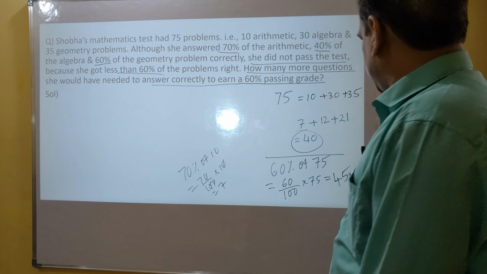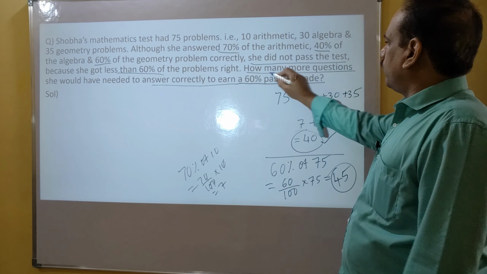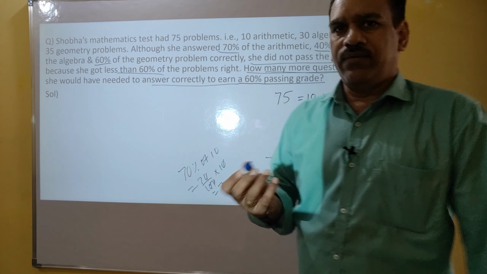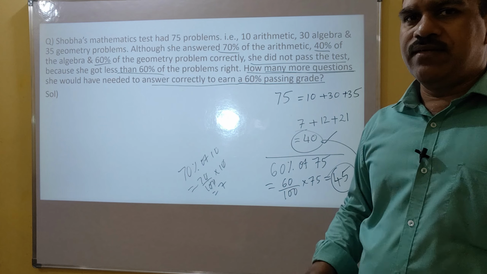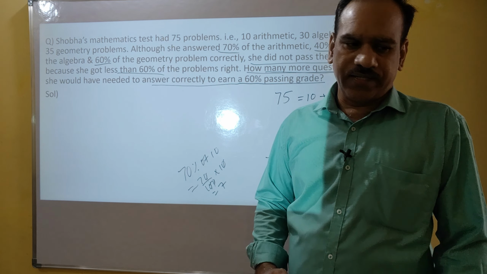So she should have answered 45 questions correctly, but she answered only 40. How many more questions she should have answered? That must be 5, 45 minus 40. She would have answered 5 more questions correctly to get a 60% pass grade.